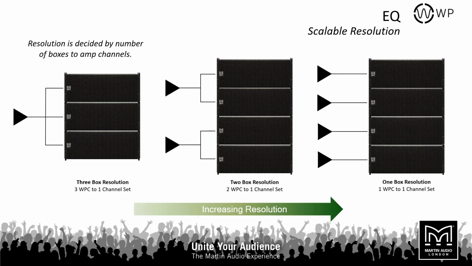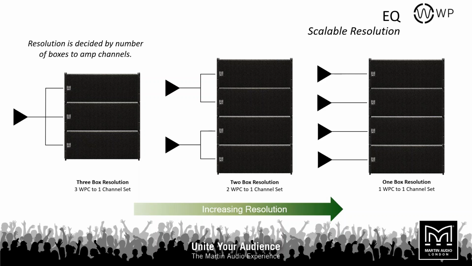And finally, obviously, the optimum solution is the 1-box resolution, whereby every box in the array has its own signal and set of coefficients. Of course, this scalable resolution only applies to wavefront precision, as MLA is a completely fully optimized solution, with MLA having 6 channels of amplification and DSP per cabinet and MLA compact having 5.